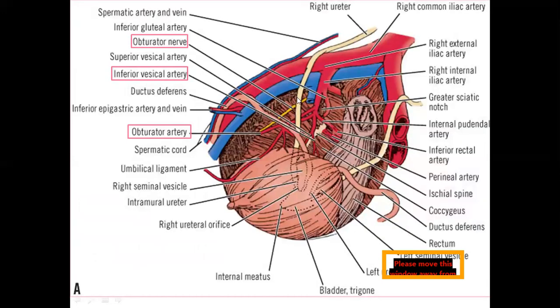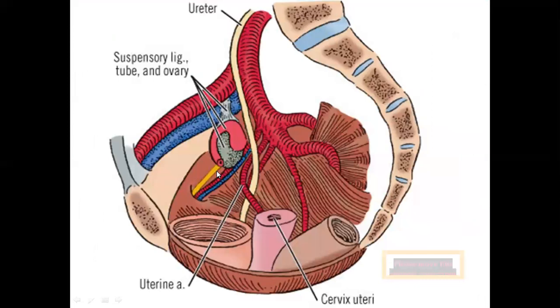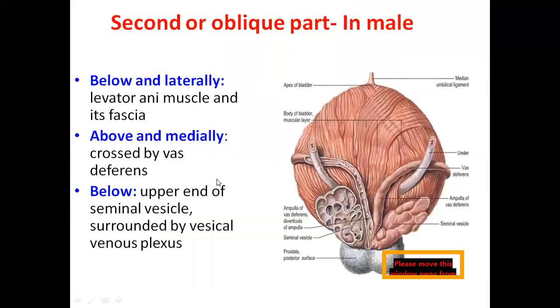Okay, so this is the obturator nerve and this is the inferior vesical artery, this is the obturator artery. These are all lateral relations of the first part of the pelvic part of the ureter. Okay, this is the ureter. Common iliac artery, external iliac artery, internal iliac artery. These are the divisions, obturator vessels, obturator nerve and all.